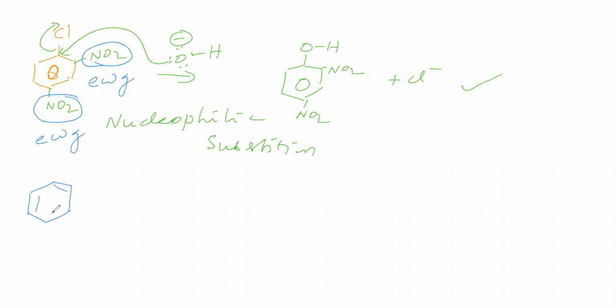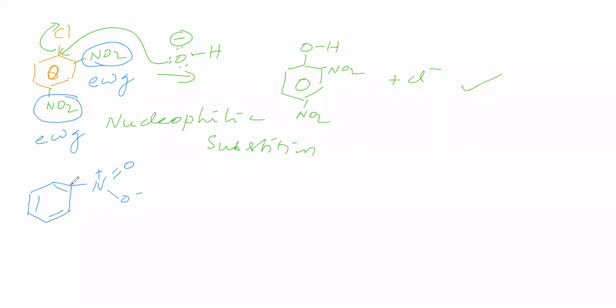We have taken benzene, and first we take one nitro group like this. In this nitro group, the nitrogen has a positive charge. This nitrogen is attached to this carbon, and it has higher electronegativity than this carbon.